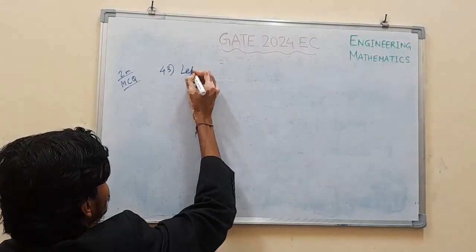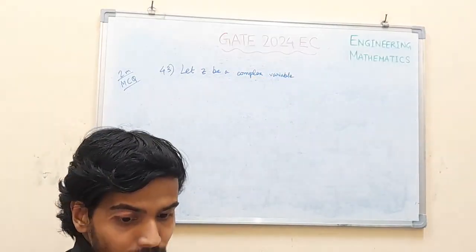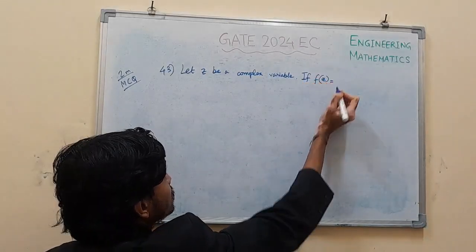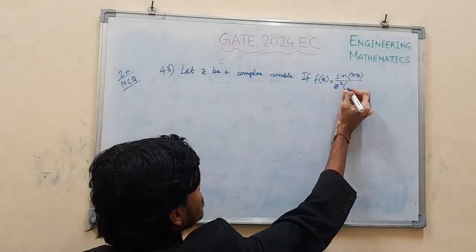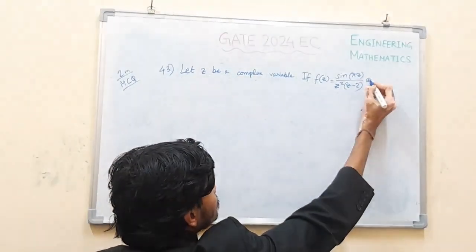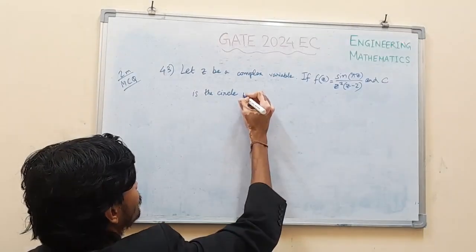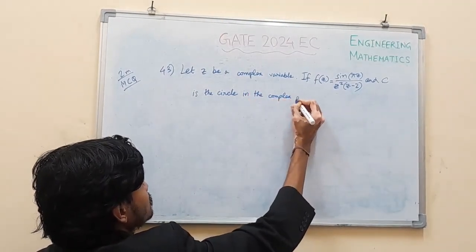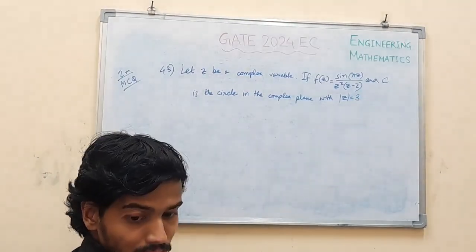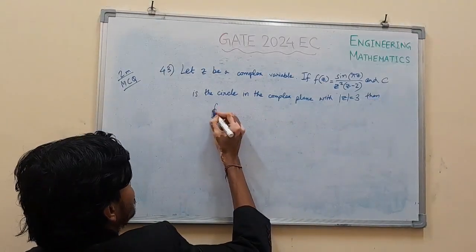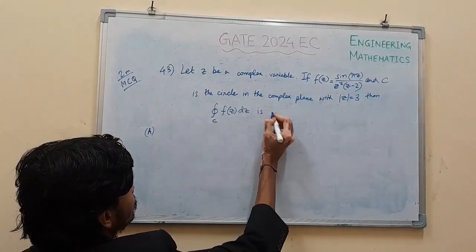Let Z be a complex variable. If f of z equal to sin pi z upon z square into z minus 2, and C is the circle in the complex plane with mod z equal to 3, then integration f of z dz over C is dash.